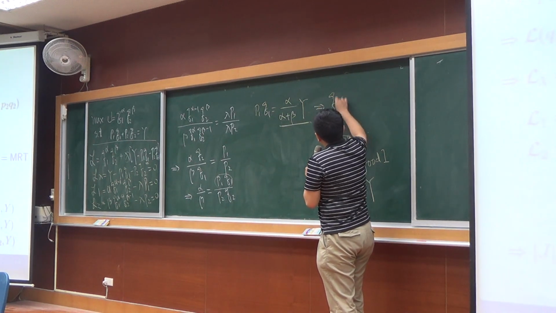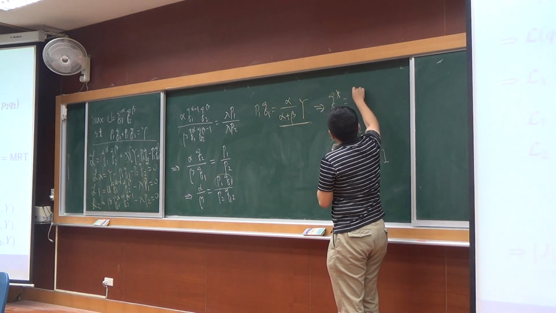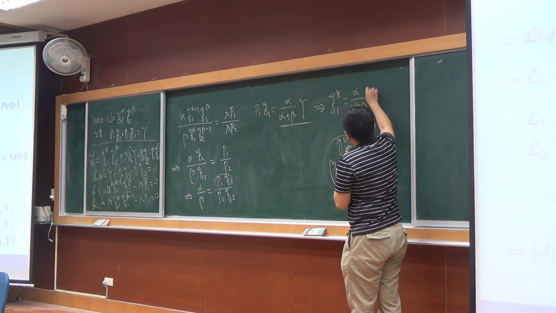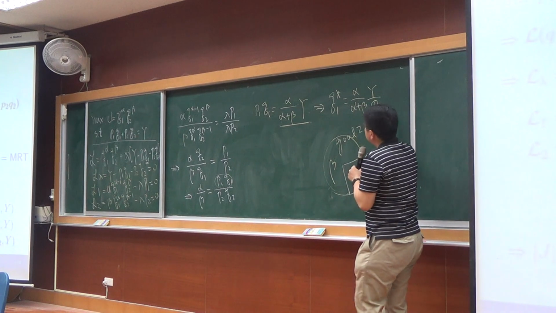Then we will have Q1 star equals alpha over alpha plus beta, Y over P1.